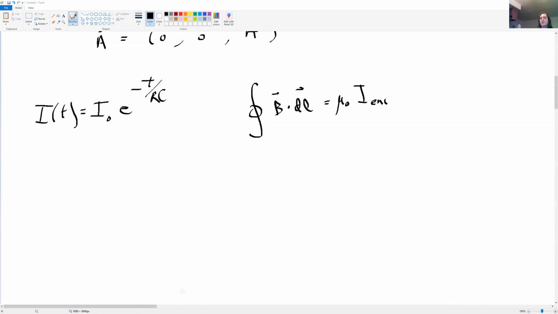So the question here is, what is the magnetic field in the middle of the capacitor plates at a distance d from the center as a function of time t?